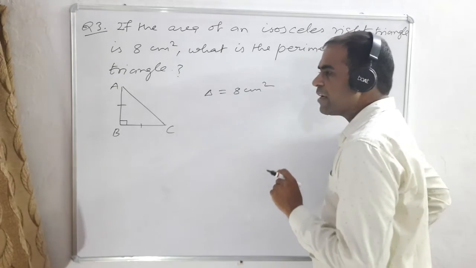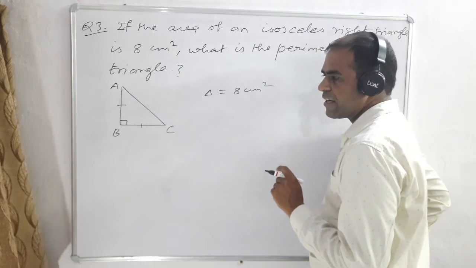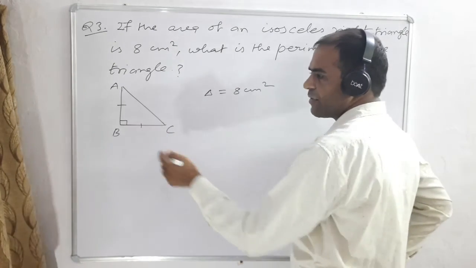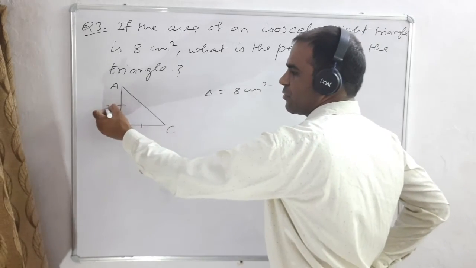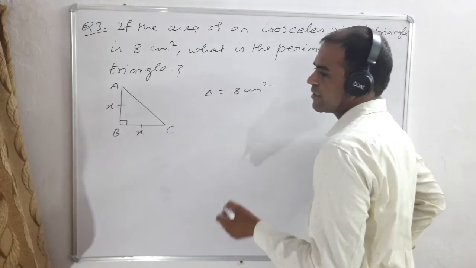Here the area of a triangle, we can use half base height because the heights are given and these sides are equal, so we will assume it's x.